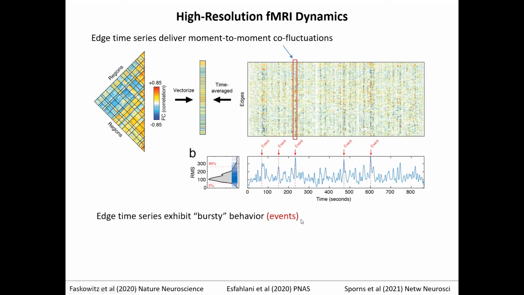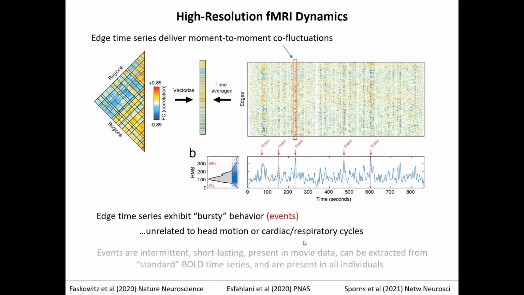First of all, just basic discovery: edge time series recorded with fMRI exhibit bursty behavior, or events, in all individuals. They're unrelated to cardiac or respiratory cycles or head motion. And like I mentioned, we really see them in all individuals. This is not something that is expressed in just a few people.